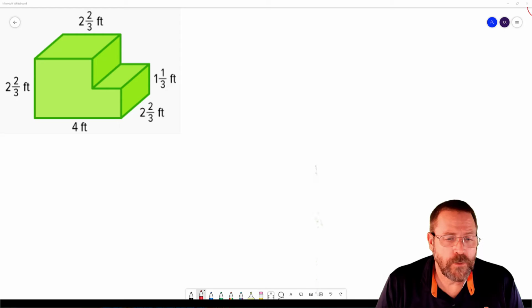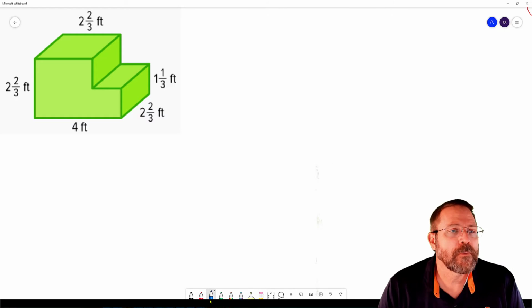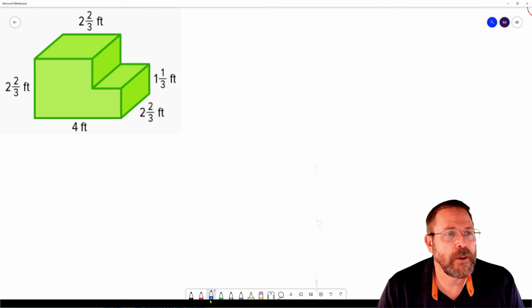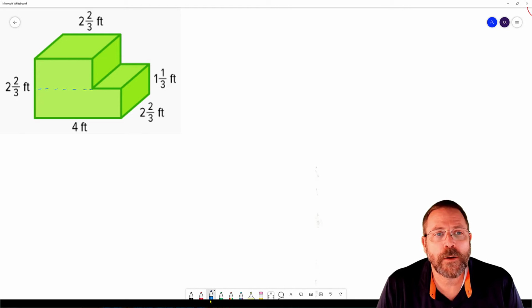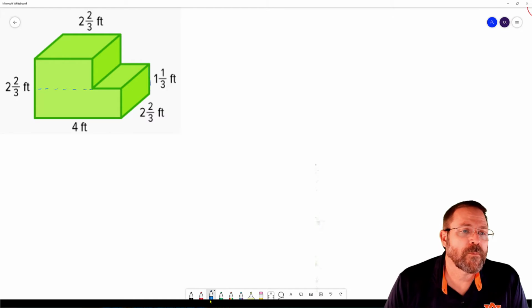And what I'm going to do is I'm going to start off by taking this rectangle, or this piece on this side right here, and I'm going to cut it into 2 separate rectangles. Now I know this rectangle has a base of 4 and a height of the same 1 1/3 that you see on that side, but I don't know how tall this piece is. To find out how tall this piece is, we're going to start off with some subtraction.